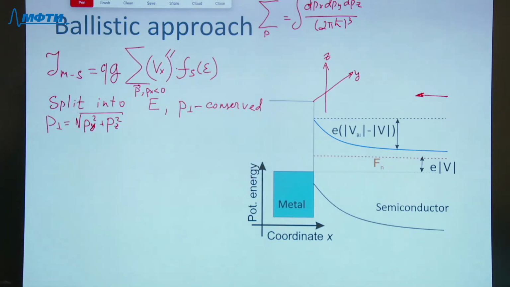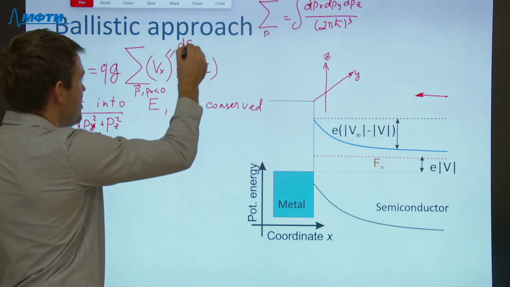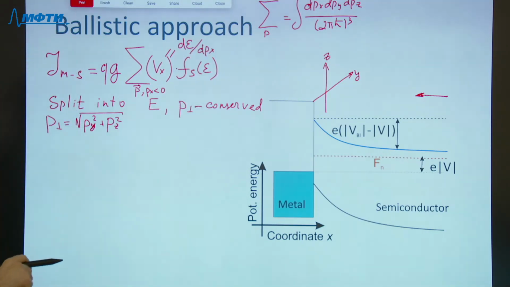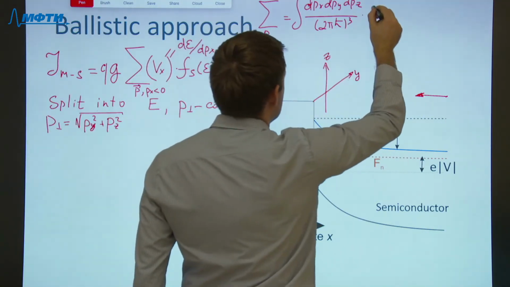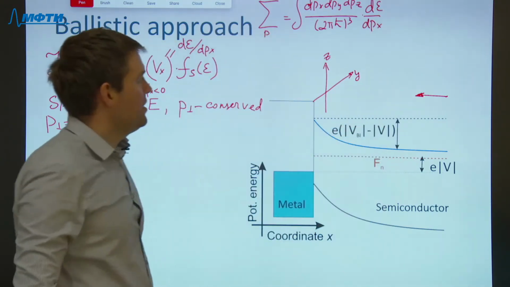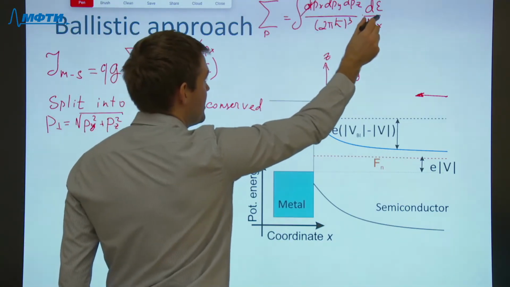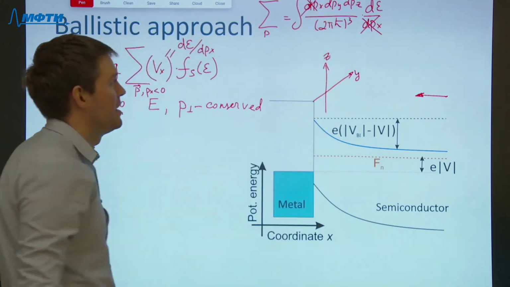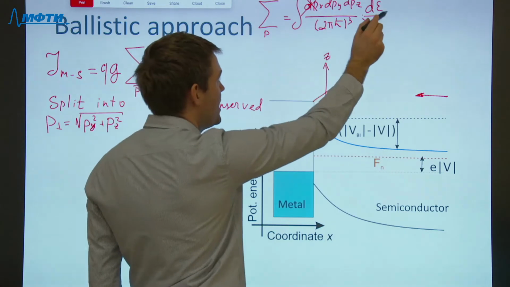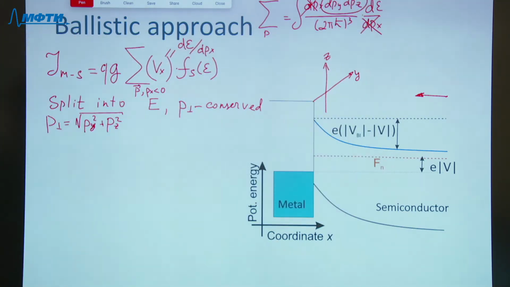But velocity, according to the Hamilton equations of motion, is nothing but the derivative of energy with respect to the momentum px. Then the variable that we don't like, the px variable, cancels out automatically, and we are left with the integration over the energy and over the transverse momenta dpy dpz.